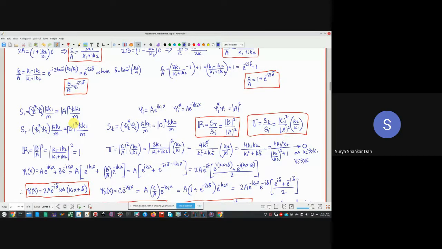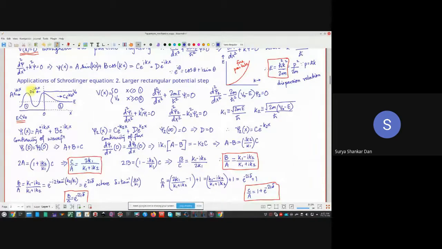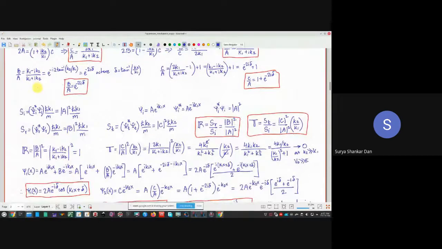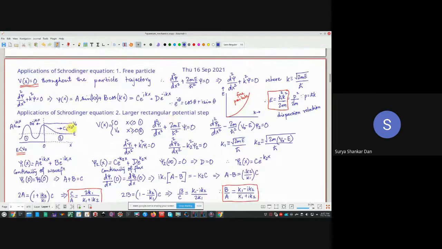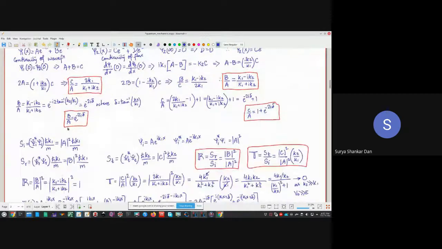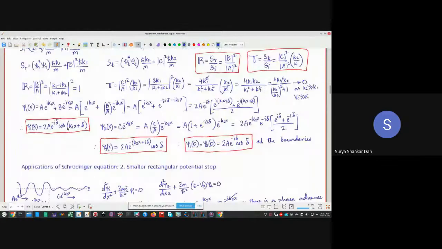B square because it was B was the amplitude and it was k1. So it will be this. Transmitted wave, ST means transmitted wave का probability current density will be C square h cross k2 by m because transmitted wave कहाँ है? In region 2. वहाँ पर k2 है, not k1. Do not make this mistake. Some of your seniors used to make the mistake previous year. Okay.